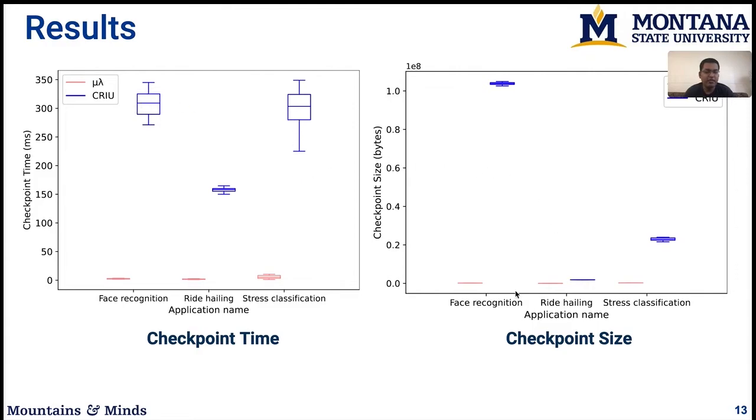Similarly, for the checkpoint size, micro lambda has very low overhead compared with CRIU, because micro lambda saves the Python stack information at least, and it is also compressed, so that makes it very low overhead. But CRIU saves a lot of things, so it takes more time to store the checkpoint, and it also makes the checkpoint heavy.